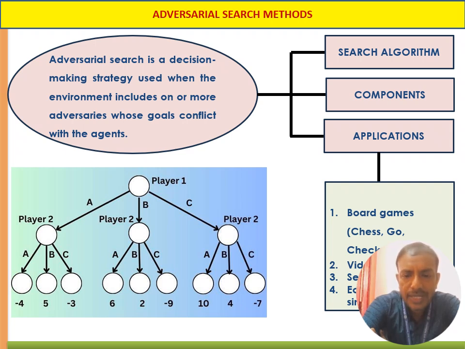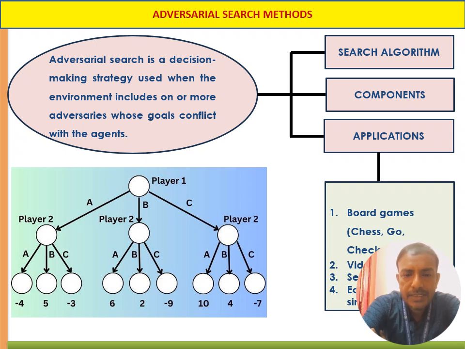And when you talk about the characteristics of the adversarial search method, it is deterministic, not random, multi-agent, and has perfect information, which means that we can see the entirety of the whole system.